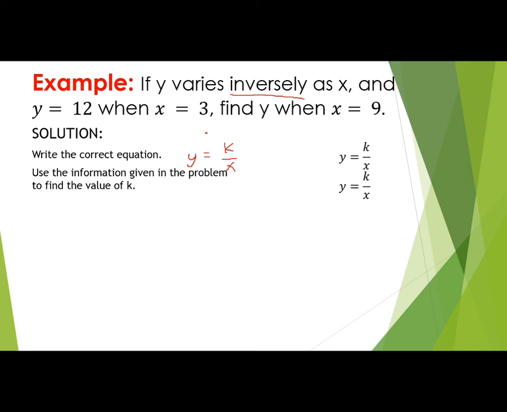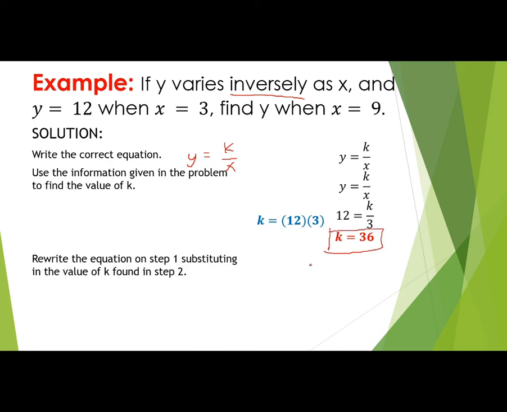So, we need to find k. So, as I said, it is the product of the two. No? So, ang constant niya ay k equals multiplication 12 times 3, which is the constant is 36.